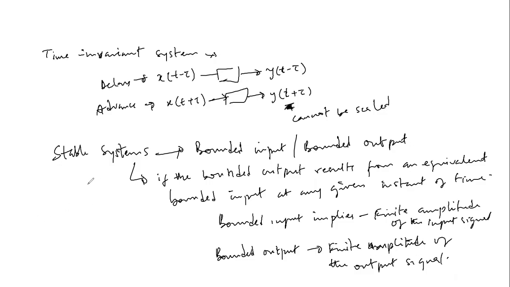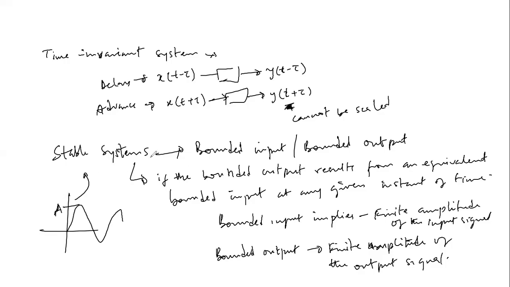So in other words, should we have a signal with a specific value of the amplitude, then we'll say this is a stable signal.